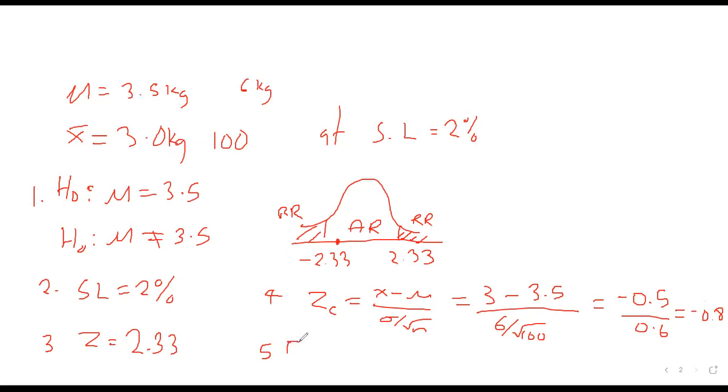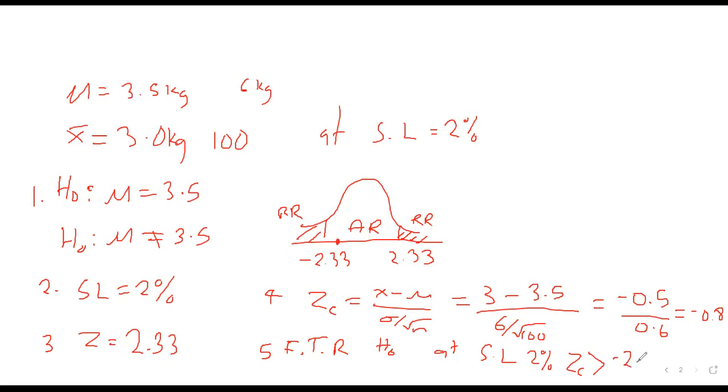As proper statisticians, of course, you may not be penalized for saying accept. We say we fail to reject our H0. The man is not really lying. He's not far away from the truth, because 3.5 kg and 3 are more or less the same. So you say we fail to reject H0 at level of significance 2%, since our Z calculated is on the negatives, it is greater than negative 2.33.